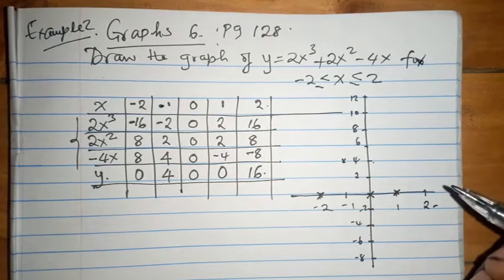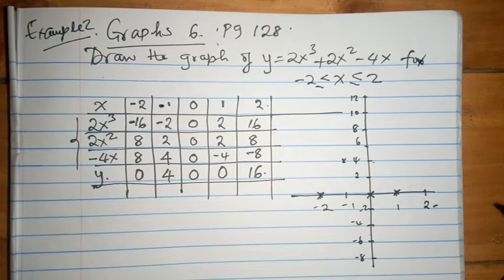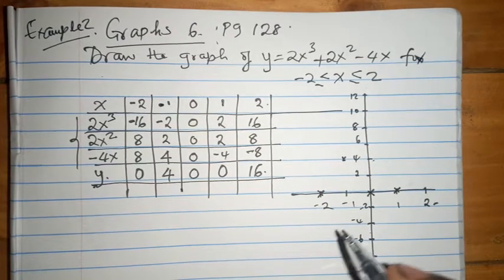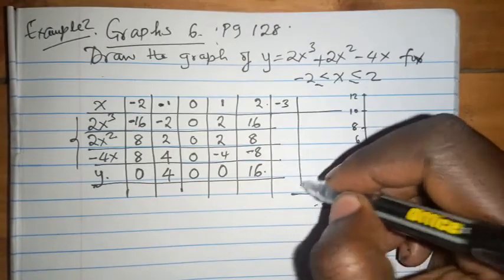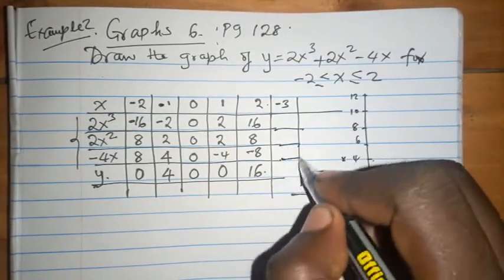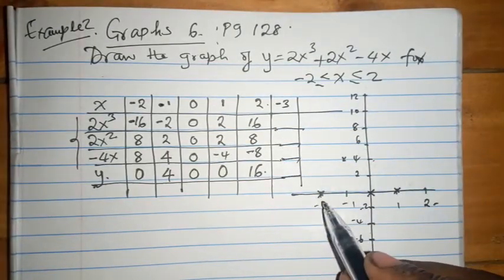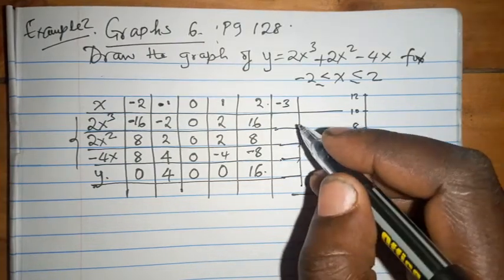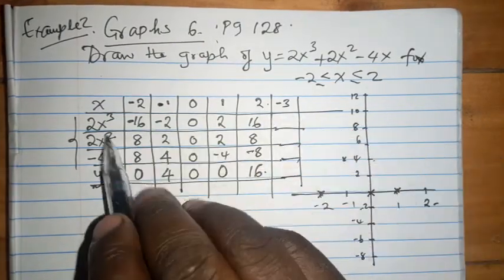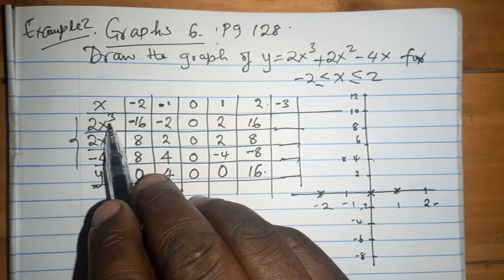But it is important to want to know how y would behave if x was minus 3. The reason why I did that is because it's starting from the x-axis, and when x is minus 3, it's going to be minus 3 cubed, minus 27.